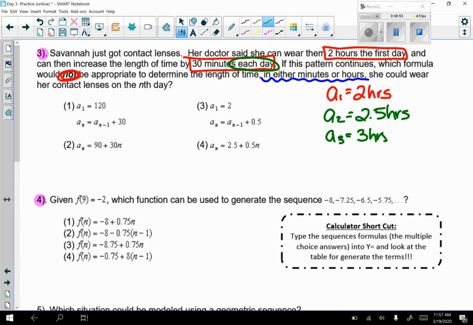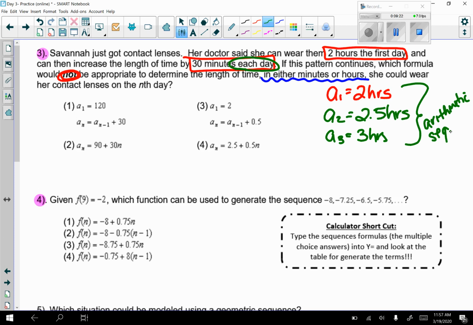So this, hopefully you recognize as an arithmetic sequence because I'm adding 30 minutes or a half hour each time. So I'm going to actually use this sequence that I just created in hours, and I'm going to go to each of my answer choices and see which one works, or you can go the opposite way and you can actually create the sequences on your own.